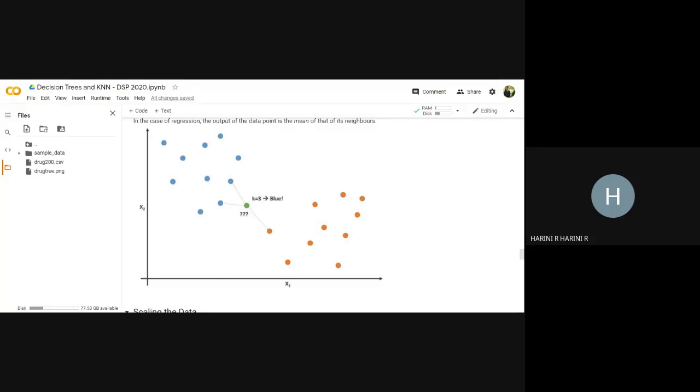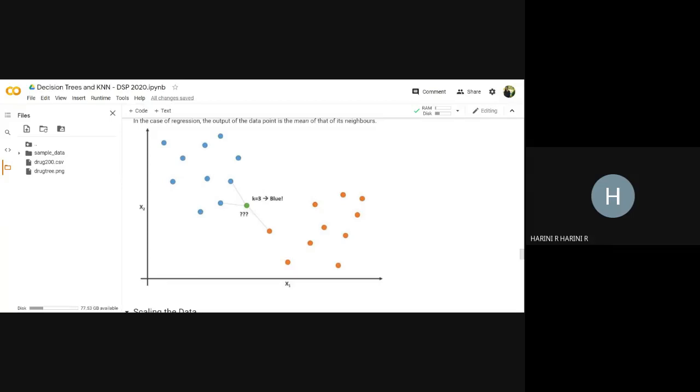Now it's going to see, out of these 3, the majority belong to which class? Are they in the blue class or the orange class? In this example, out of these 3 nearest neighbors, that's why we call them neighbors, 2 belong to the blue class and only 1 belongs to the orange class.